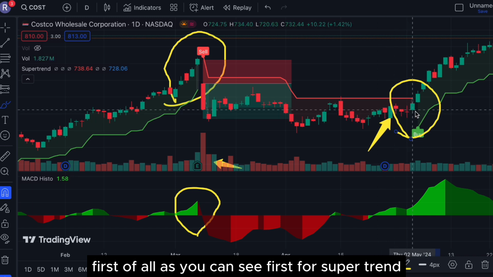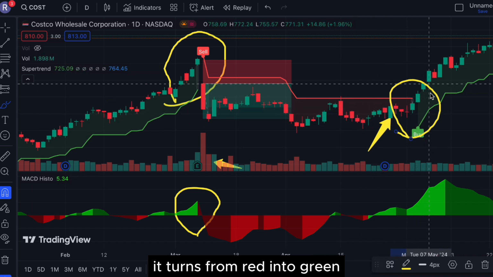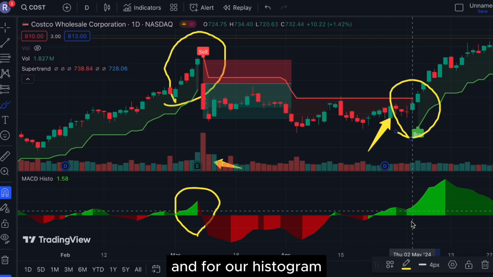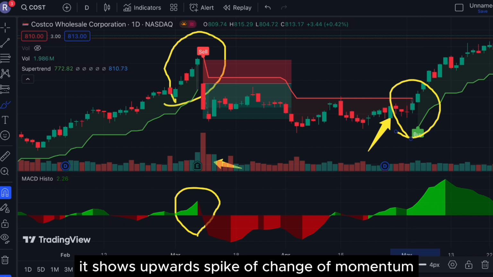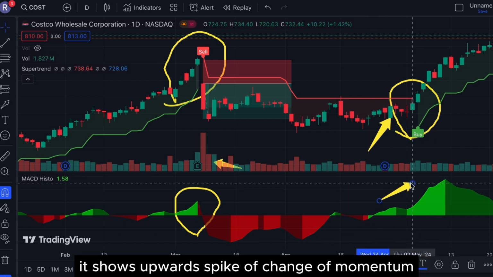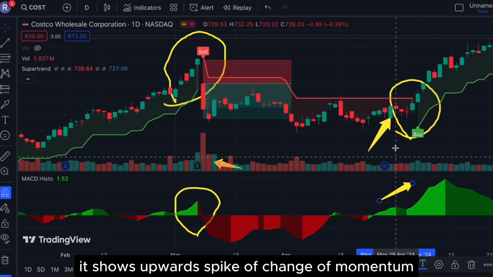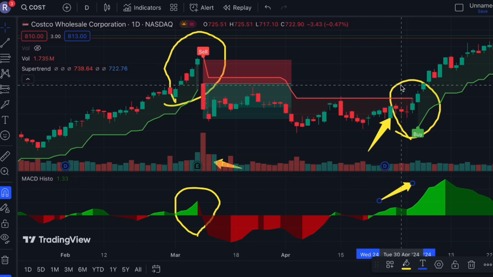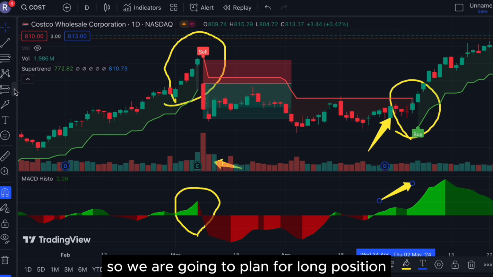First of all, as you can see, first for super trend, it turns from red into green. And for our histogram, it shows an upward spike of change of momentum. So we are going to plan for a long position.